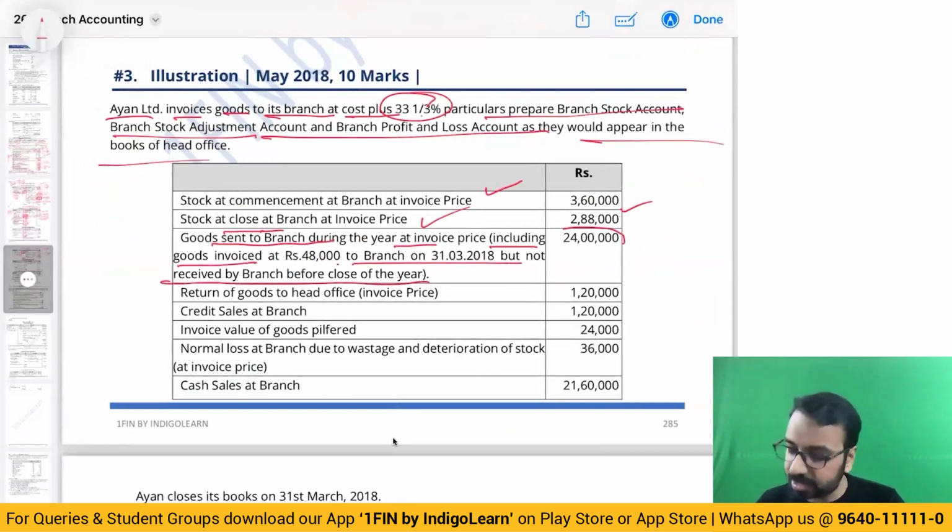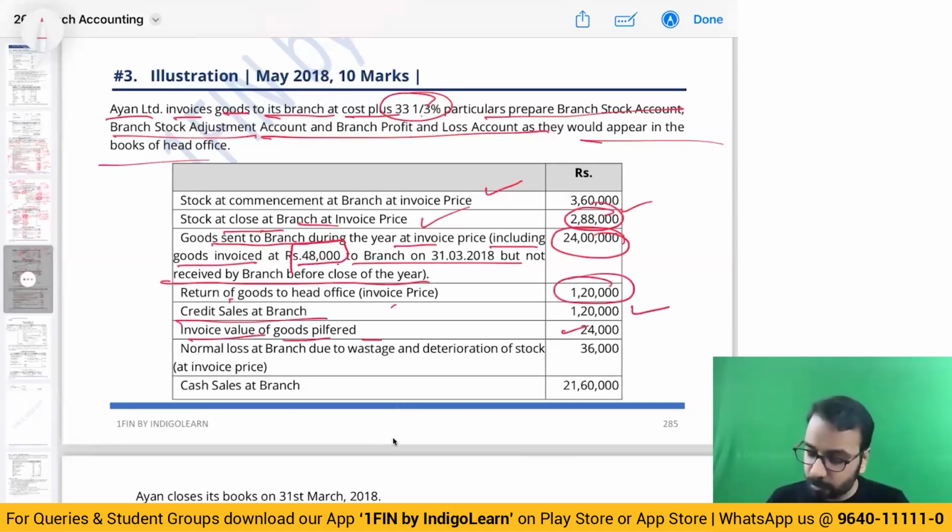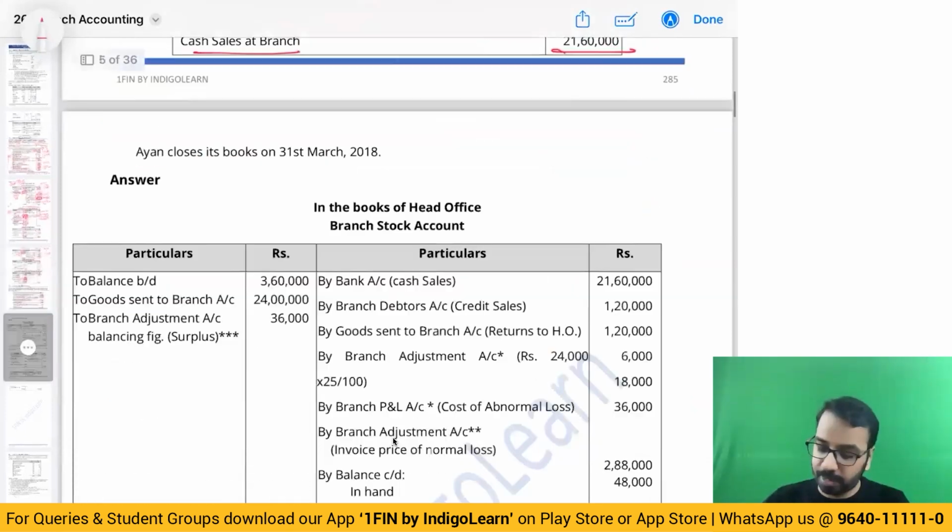So total goods sent is this. On the closing stock side, you would say branch closing stock is 288 plus 48 in transit. Return of goods at head office invoice price, credit sales at branch 120, invoice value of goods pilfered, meaning loss, 24,000, normal loss due to deterioration 36,000, cash sales at branch 2160.